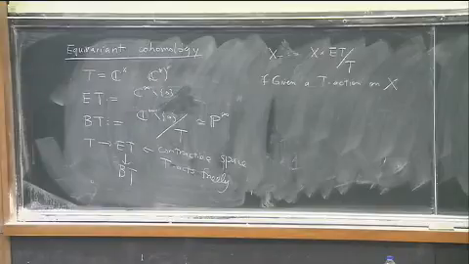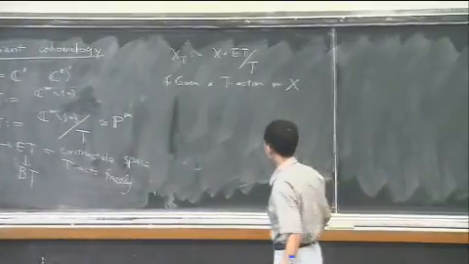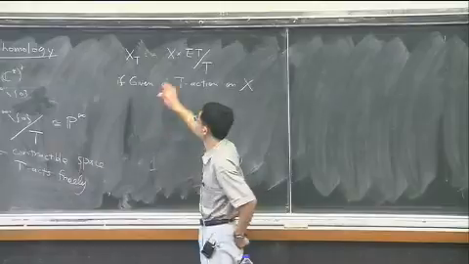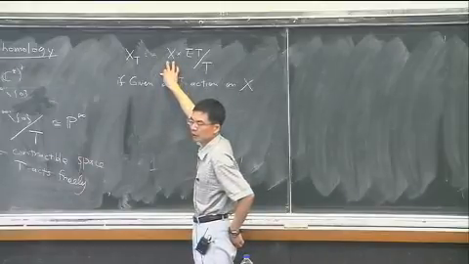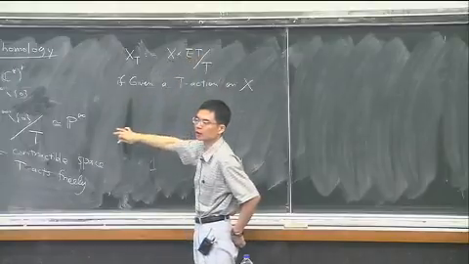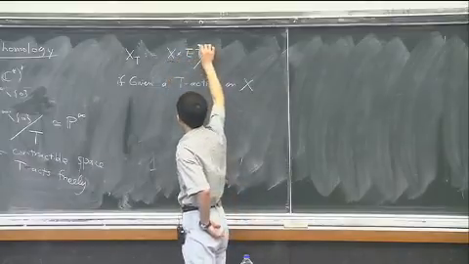So this quotient actually makes sense. It's a diagonal action. Does that make sense? For example, if X itself is T, then this will be just the same as ET. Or if T acts freely on X, then this will be topologically isomorphic to, well, because ET is contractible, it's topologically a point.